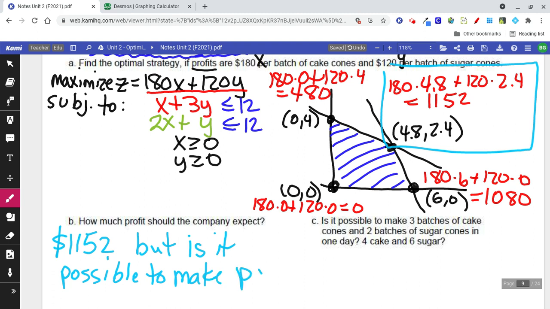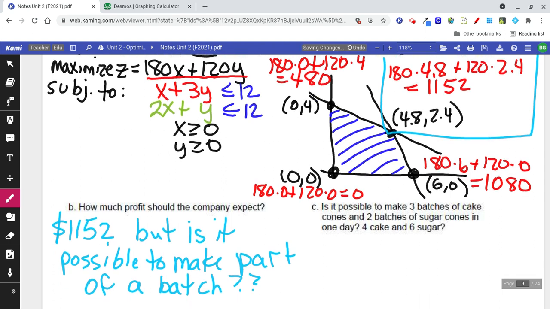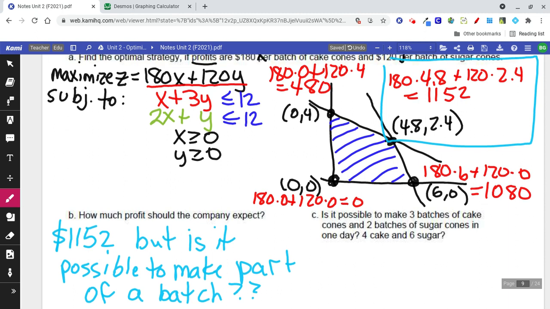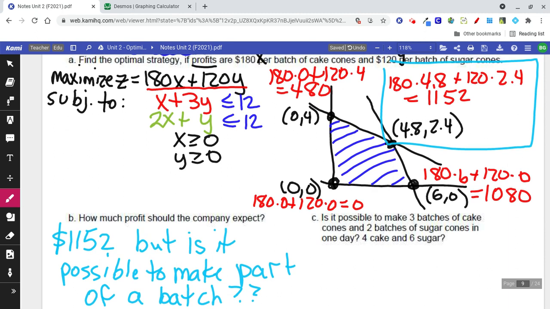To make part of a batch. So it's kind of a confusing result with that decimal. So I guess the short answer is 1152. That's the maximum number. I just have a question on whether or not you're even allowed to make a part of a batch. Maybe. I'm not so sure, though.